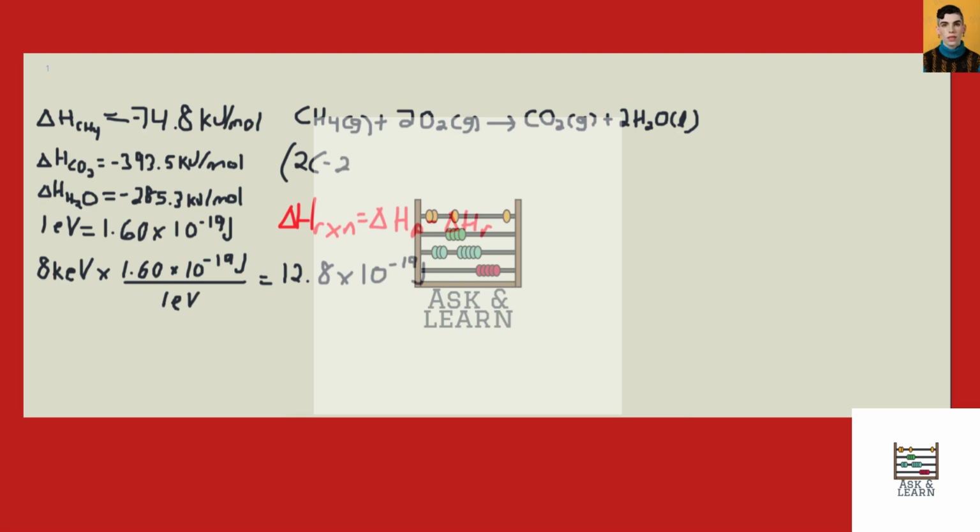So minus 285.3, minus 393.5, minus negative 74.8. Remember, O2 is oxygen in its standard state, so its delta H is 0.